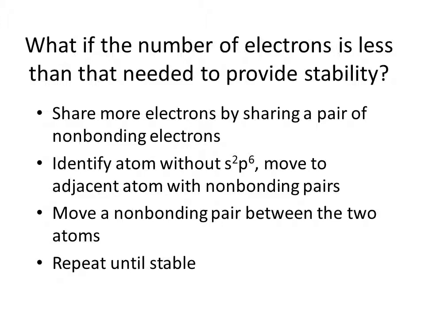The way that we do this is we identify the atom that does not have an octet, then we move to an adjacent atom that does have non-bonding pairs. We take one of the non-bonding pairs and move it between the 2 atoms. We repeat this until we have a stable structure. However, don't get carried away and just keep sharing pairs until you have a very strange looking structure. You stop as soon as you have an octet on everything.